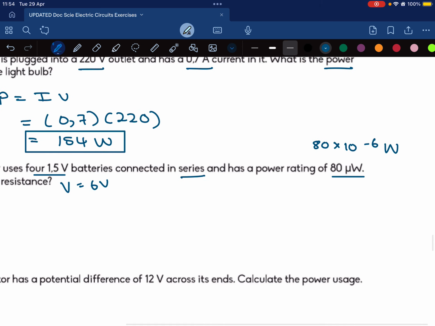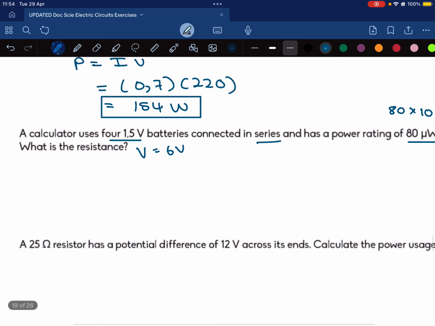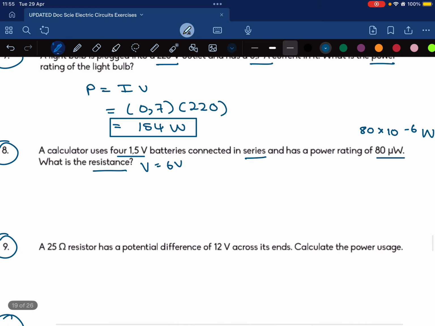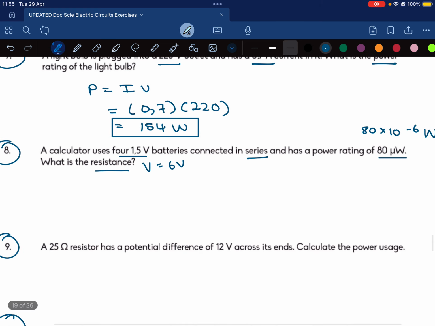Let's have a look. Our equation, they want to know what is the resistance. If we look at the equations that we went through last time, we need to pick up power, voltage, and resistance.